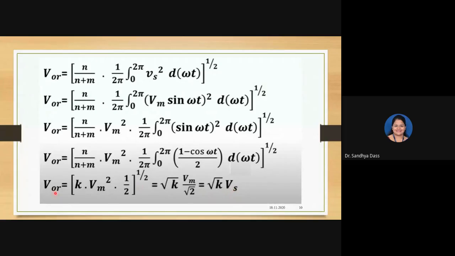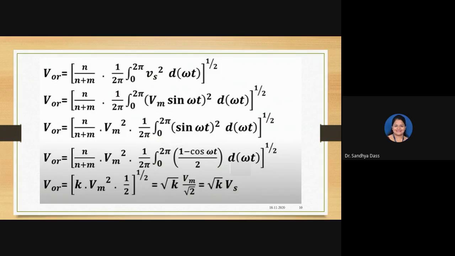So V naught RMS is given by root k into Vs. And please observe, this Vs is not equal to this Vs. This small vs is the instantaneous value of input voltage, and this capital Vs is the RMS value of the input, which is given by Vm by root 2.